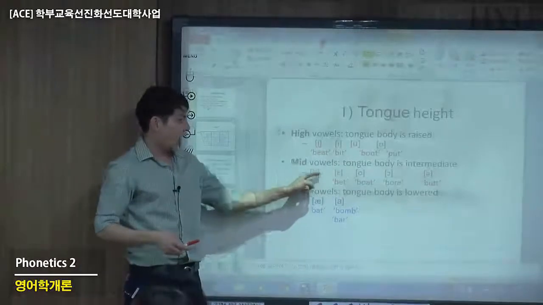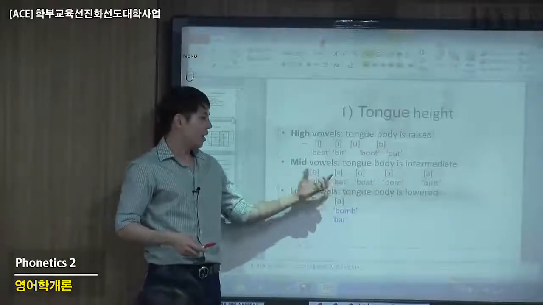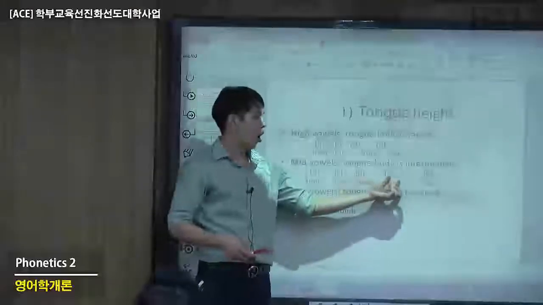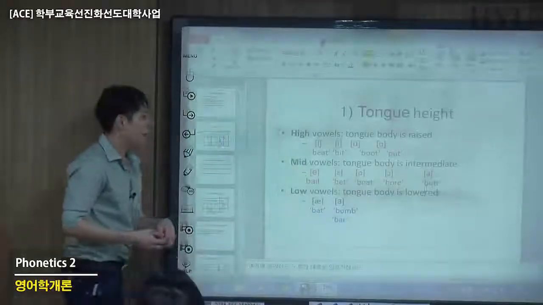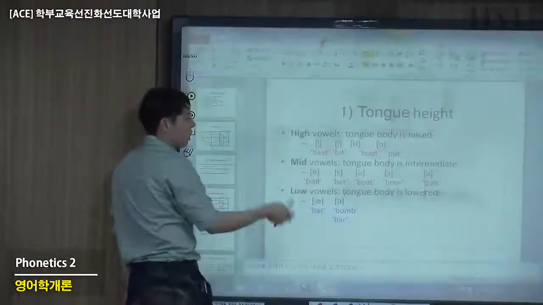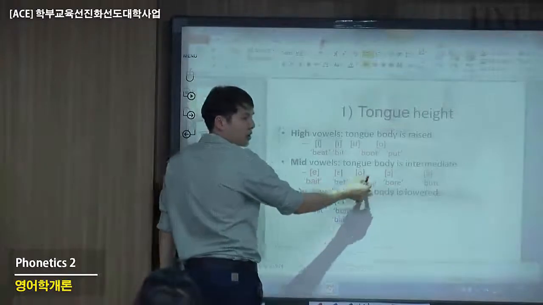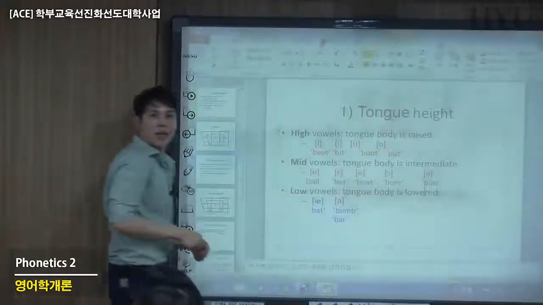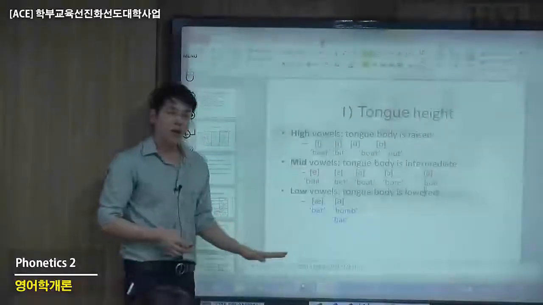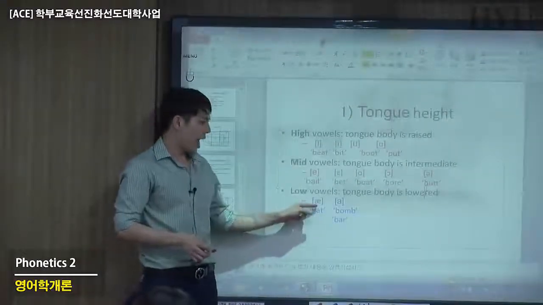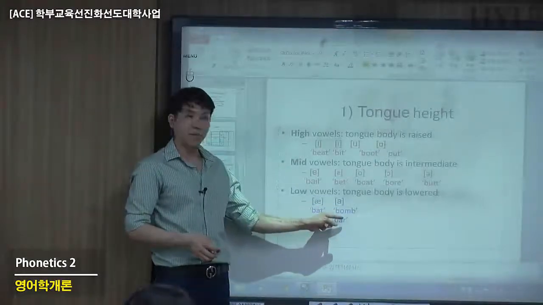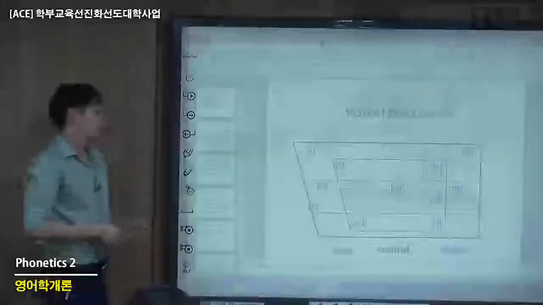So you have A, they come in pairs. As in bade, bet, boat, bore, and but, like that. And then the low vowels are A as in bat, and then A as in bomb or ba, right?